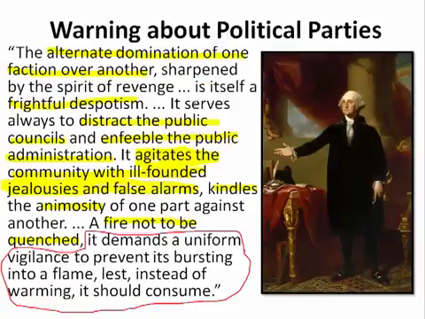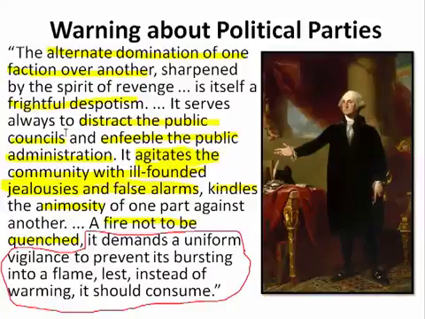Okay, and here's a warning about political parties in his farewell address. George Washington said, the alternate domination of one faction over another, there's that word faction, we talked about how James Madison defined that word, sharpened by the spirit of revenge, is itself a frightful despotism.